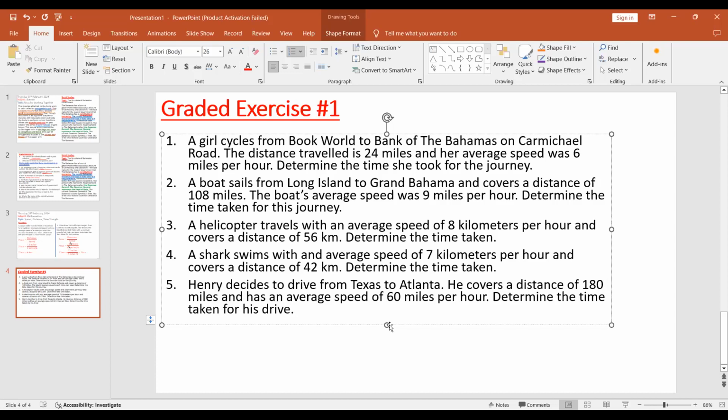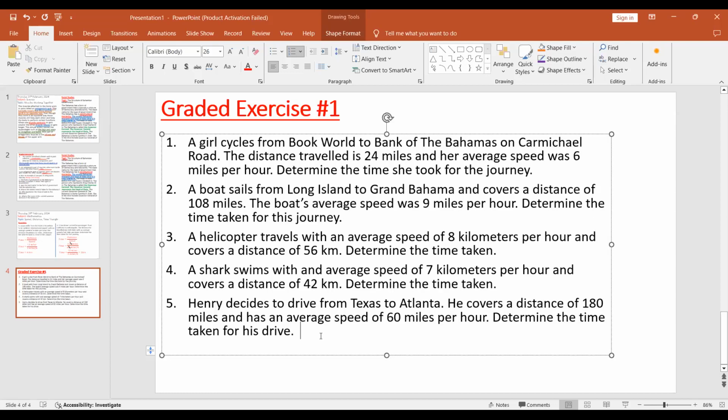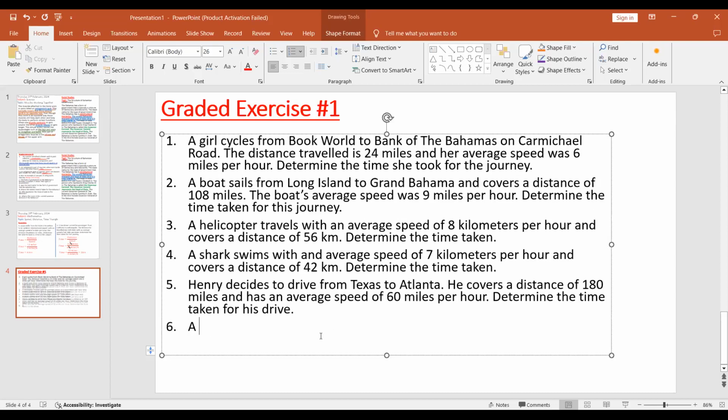And finally, a train goes from Norway to Finland with an average speed of 30 kilometers per hour.